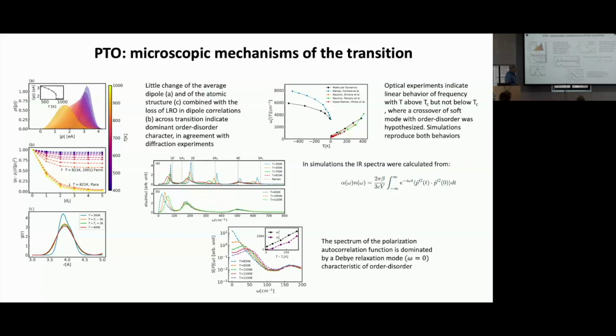And we can see that above the transition, there is a mode that seems not to be broadened as the transition temperature is approached. And indeed, if we plot it here, we get an approximately linear behavior of omega square, in agreement with the experimental data.